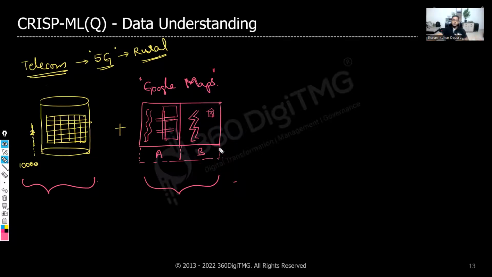Just because you want to analyze the Google Map, Google will not go and collect the data and give it to you. They already have it, right? All these are satellite images. So since you're taking the data which is already available, it would still be called a secondary data source. Secondary data sources are those data sources where data is collected beforehand and it is available for your analysis.